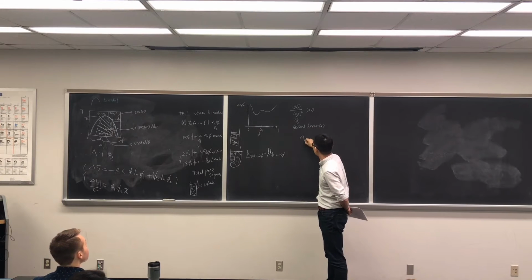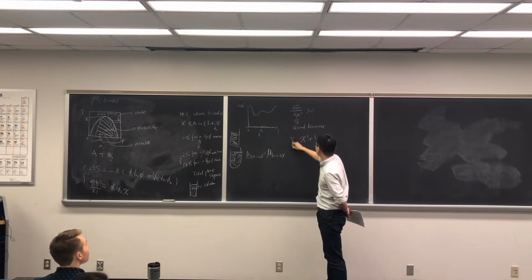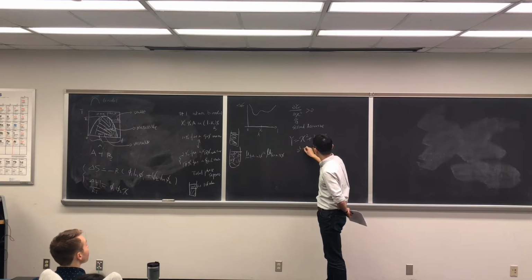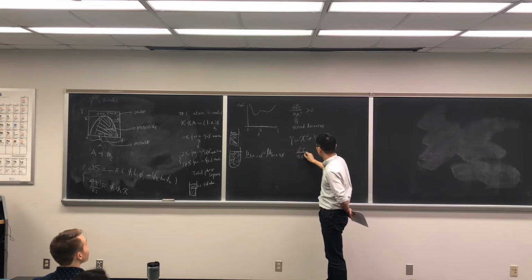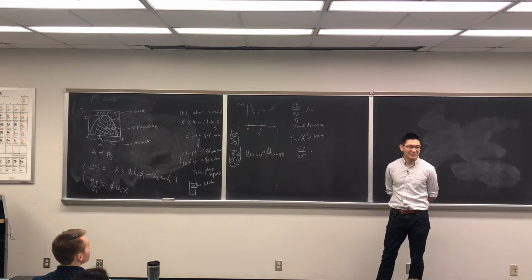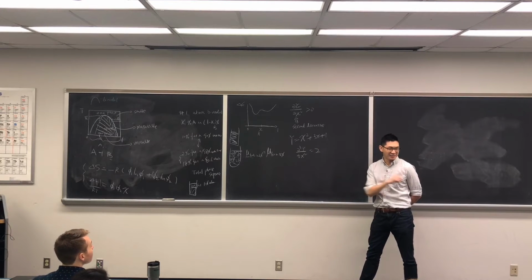Let's try a few examples. This is a random equation. What if we take the second derivative of y with respect to x squared? Can anyone help me with the math? 2. Oh, very good job.